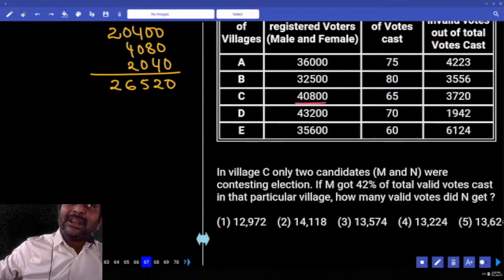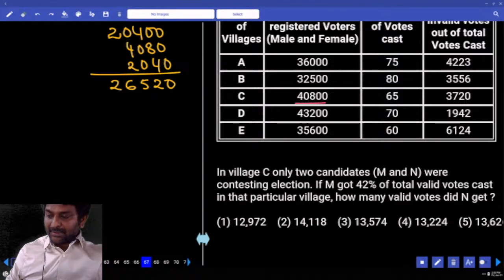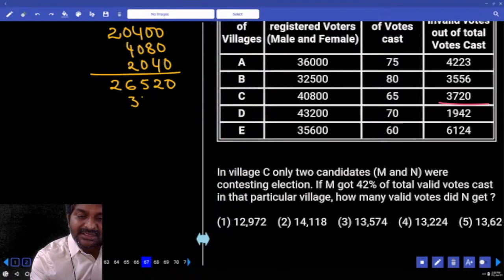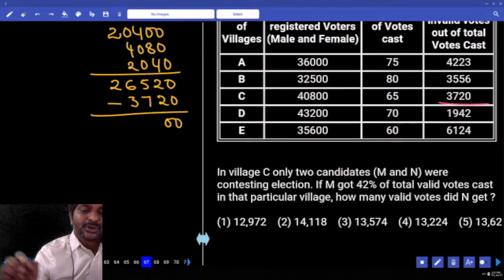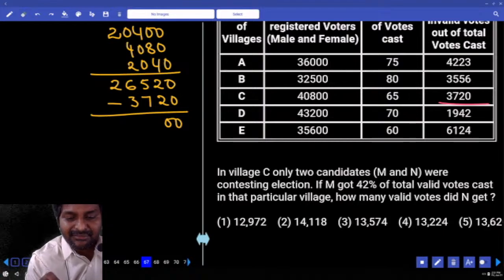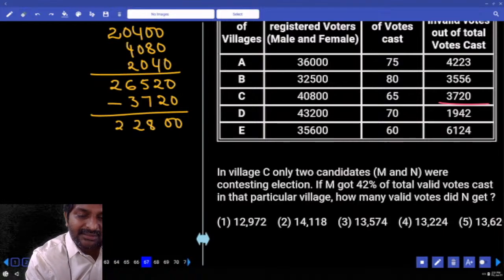Contestants will share only valid votes. Am I right? How many invalid are there? 3720. Then valid votes are the difference between these numbers only. Last 2 digits are 2 zeros only. 65 minus 37, which is equal to 28. Agreed?